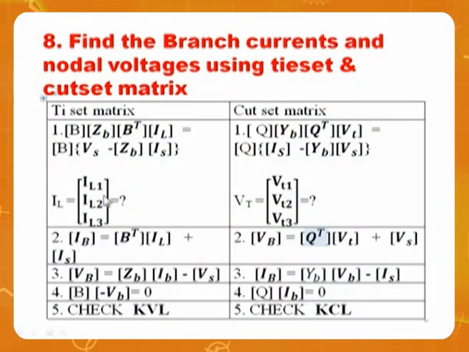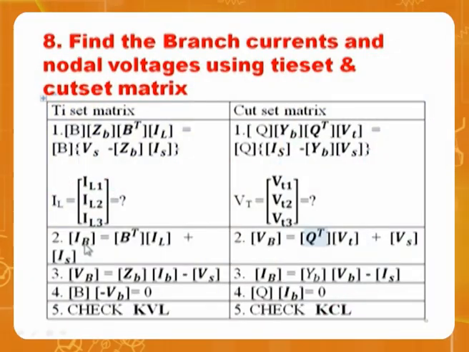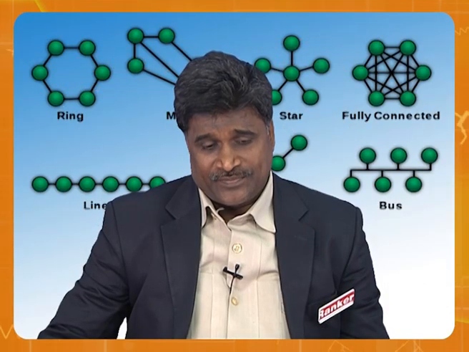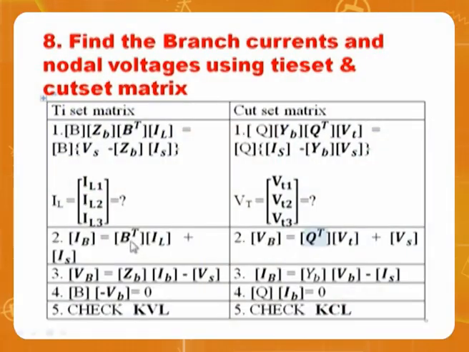Similarly, having got IL, please come with me to understand IB. IB means branch currents. Branch currents is B transpose IL plus Is. That means whatever you got here, use here. If you use this one, you can estimate branch currents. From loop currents, branch currents.